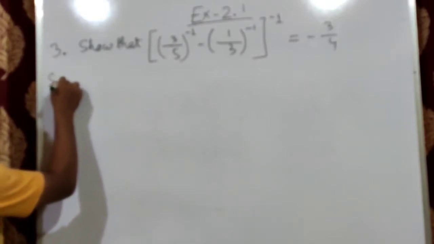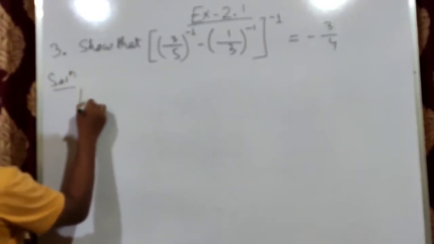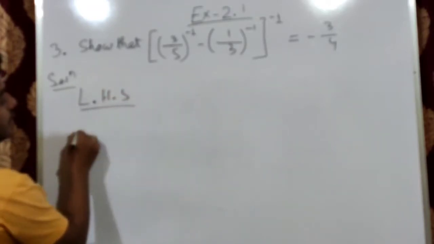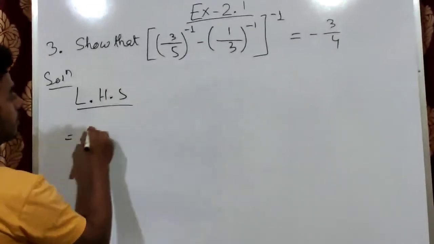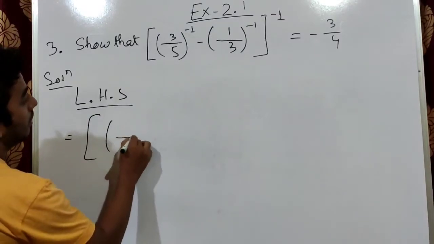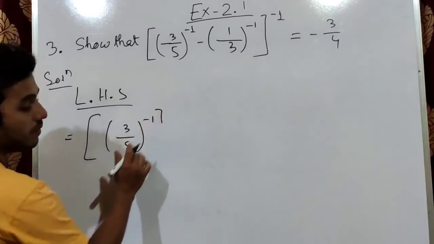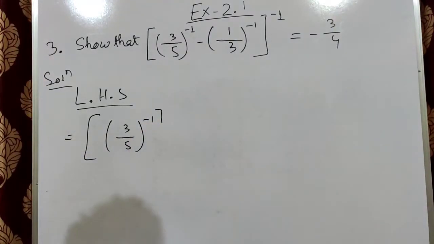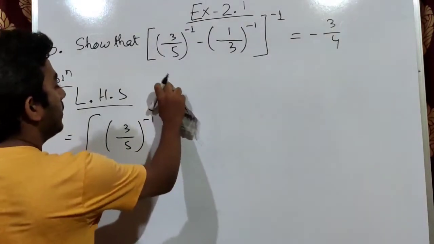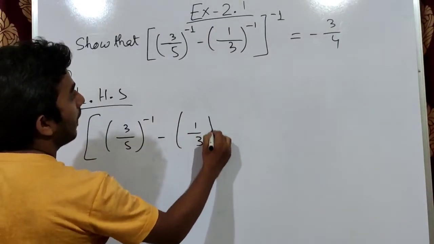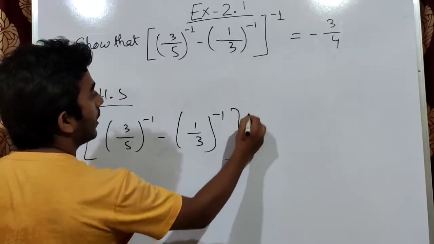Let the solution be: LHS, that is the left hand side, equals [(3/5)^-1 - (1/3)^-1]^-1.